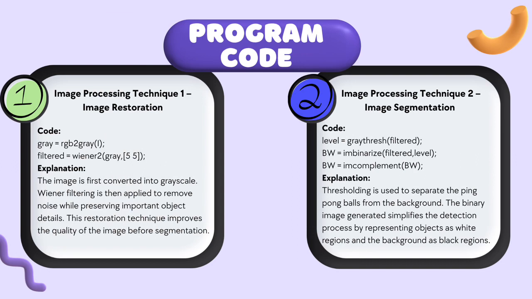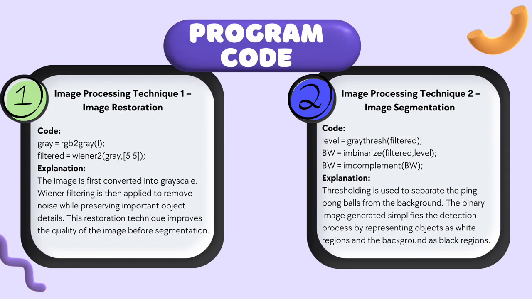To show how this looks in the backend, here are two of our primary image processing techniques. On the left, there's image restoration. We use rgb2gray to drop the color data, followed by wiener2 with a 5x5 neighborhood matrix to remove noise while preserving critical edge details. On the right is image segmentation.